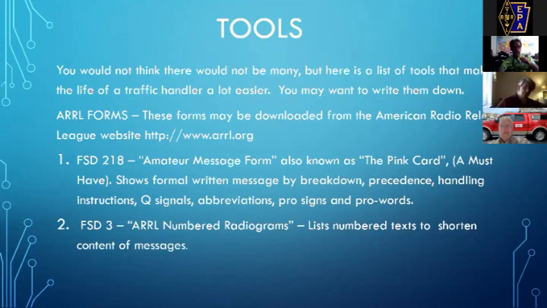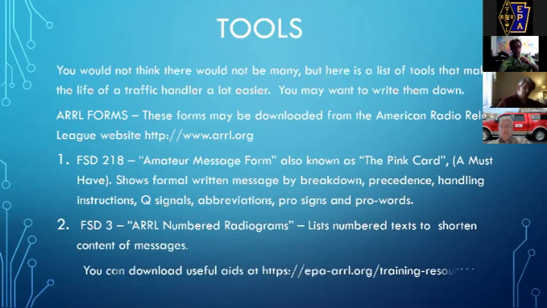It might be greetings by amateur radio or something like that, but instead of having all those words, you just do it in a shortened ARL with some number behind it, and we spell the numbers out. We don't write the numbers for ARL numbered radiograms.